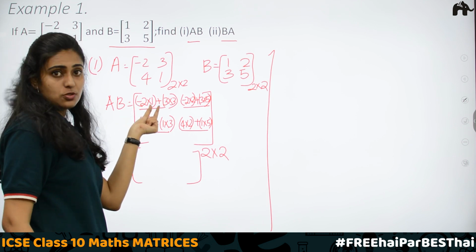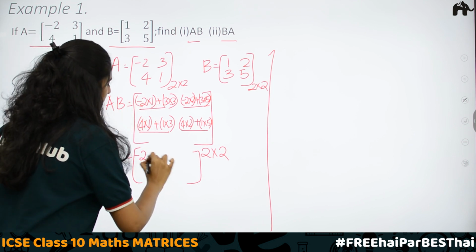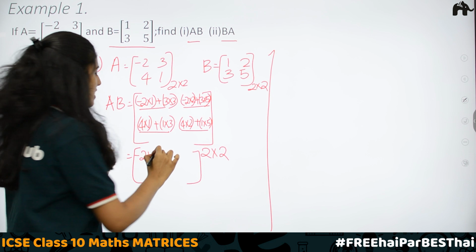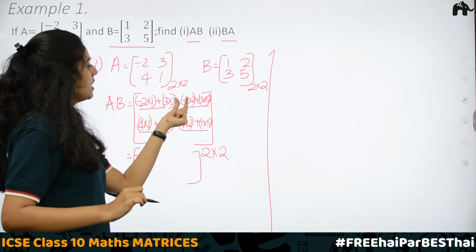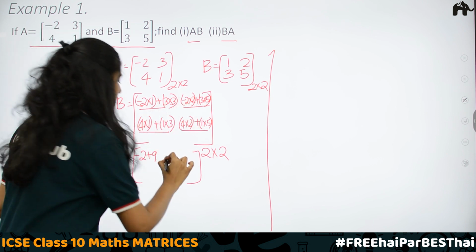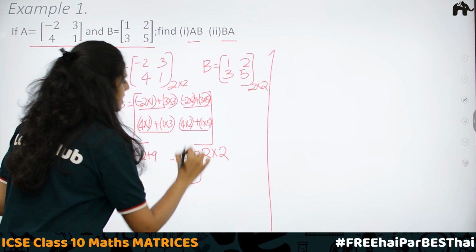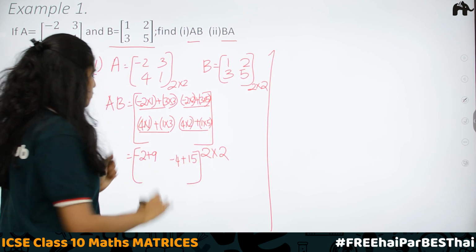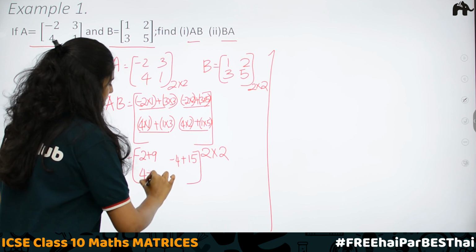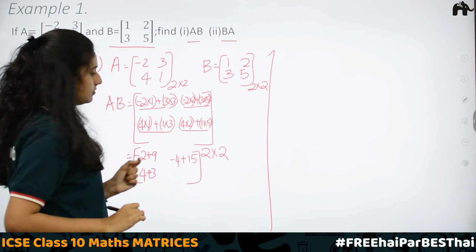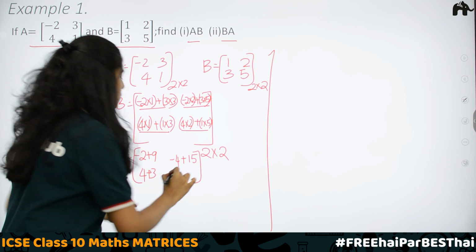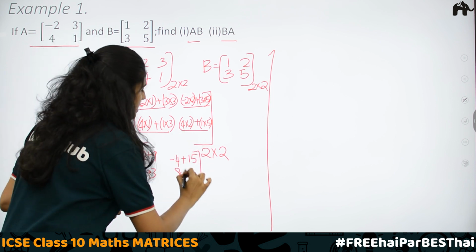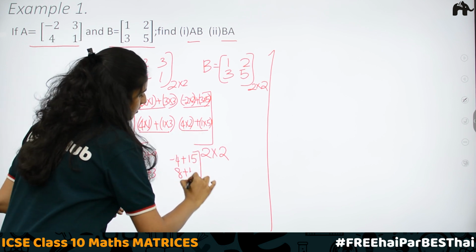Minus 2 into 1 is minus 2 plus 3 into 3, 9. Here, minus 2 into 2 is minus 4 plus 3 into 5, 15. Next, 4 into 1, 4 plus 3 into 1, 3. Next, 4 into 2, 8 plus 1 into 5, 5.